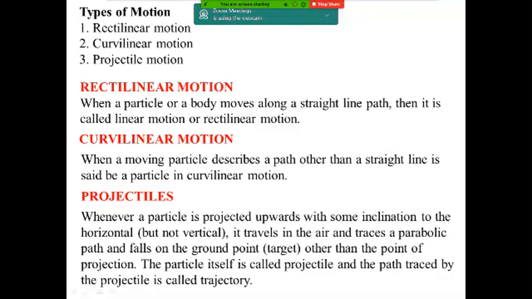The particle itself is called the projectile, and the path traced by the projectile is called the trajectory. This is the path traced by a body when you throw it in the air with an inclination. A simple example is throwing a stone in the air at some angle. That is the best example for a projectile.